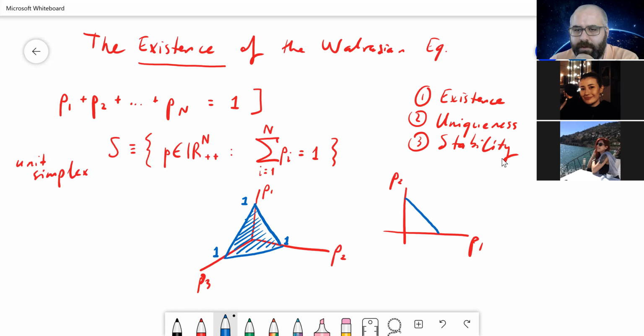Okay, this is 1. This is 1. Because here on the blue plane, any place on the blue plane, this is a plane, not a pyramid, prices sum to 1. Again, here prices sum to 1. P1 plus P2 equals 1. Here you have P1 plus P2 plus P3 equals 1.